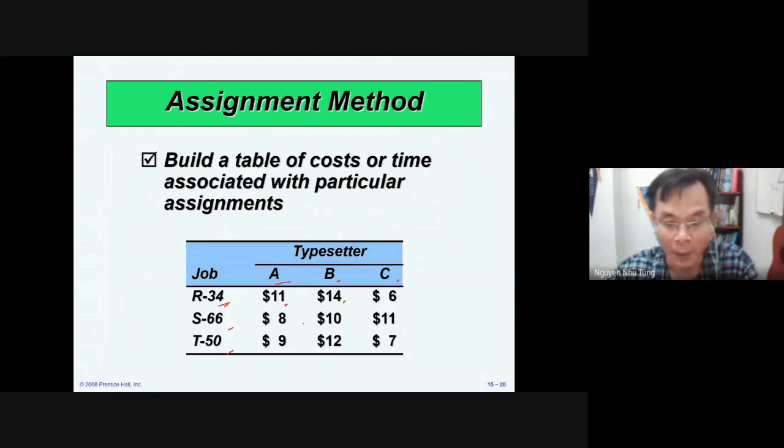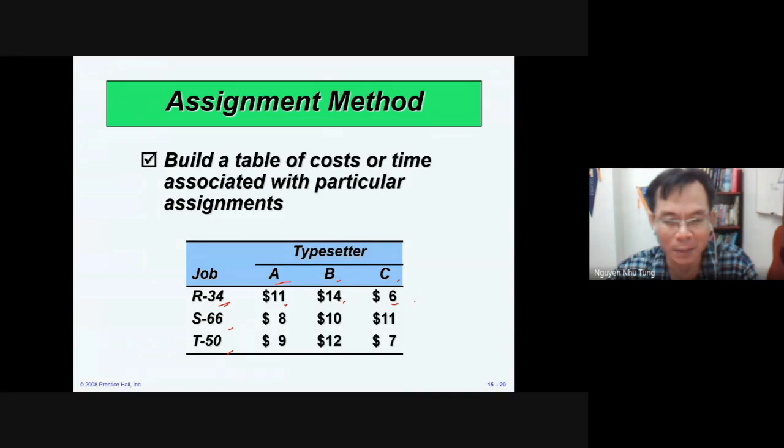All right. So suppose you got this table of cost information. By your intuition, you can look at the row R34, that is for the job R34, and you see that the cheapest assignment cost is for C. It's $6 to complete this job, compared to 11 if this job is assigned to A, and $14 if assigned to B. So intuitively you can say that resource C should be assigned job R34.